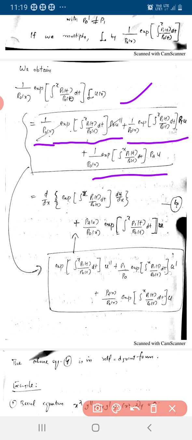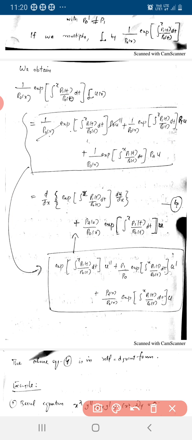So this is equal to this exponential, P0 of x gets cancelled, so we have exponential integral x P1 of t by P0 of t dt u double prime. Then we have P1 by P0 exponential integral x P1 of t by P0 of t dt u prime. Then we have this P2 of x by P0 of x exponential integral x P1 of t by P0 of t dt u.